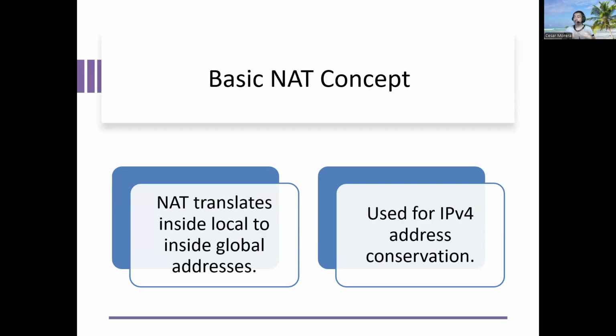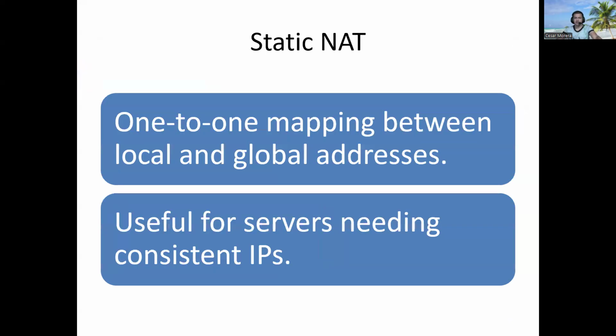What are some of the basic concepts regarding NAT? NAT translates inside local to inside global addresses. It is used for IPv4 address conservation. Static NAT, what do you think about static NAT? One-to-one mapping between local and global addresses, useful for servers needing consistent IPs.